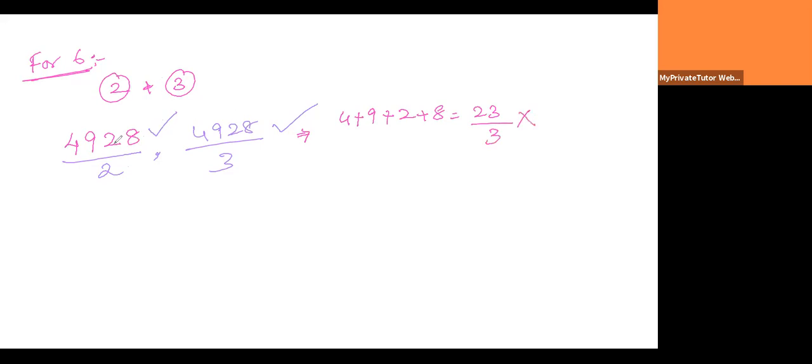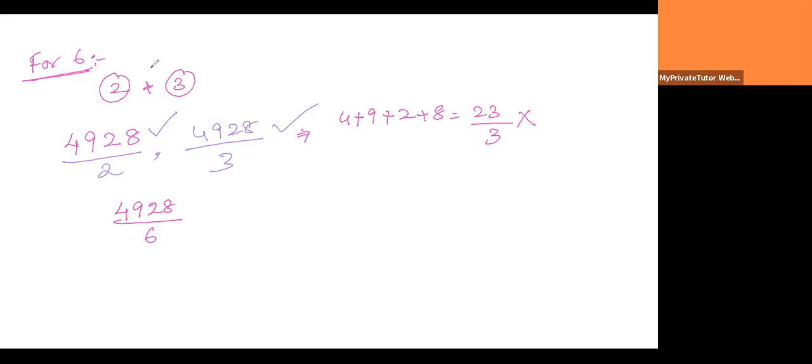So the original number 4,928 is not divisible by 6. It is divisible by 2 but not by 3. So if it is divisible by 6, make sure the number is divisible by both 2 and 3.